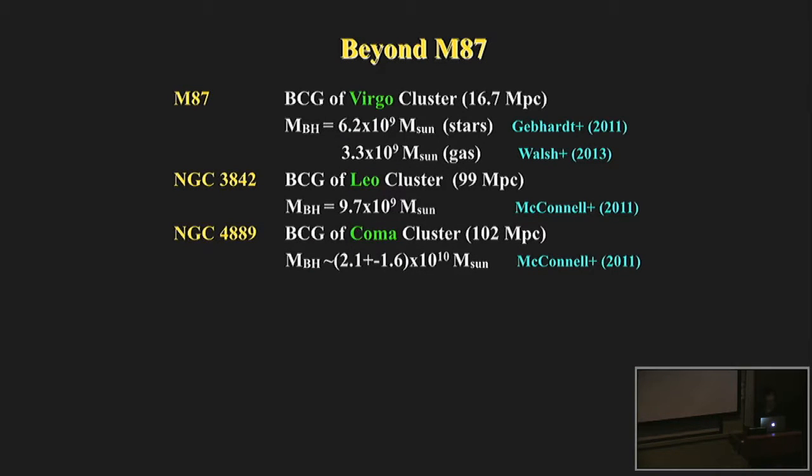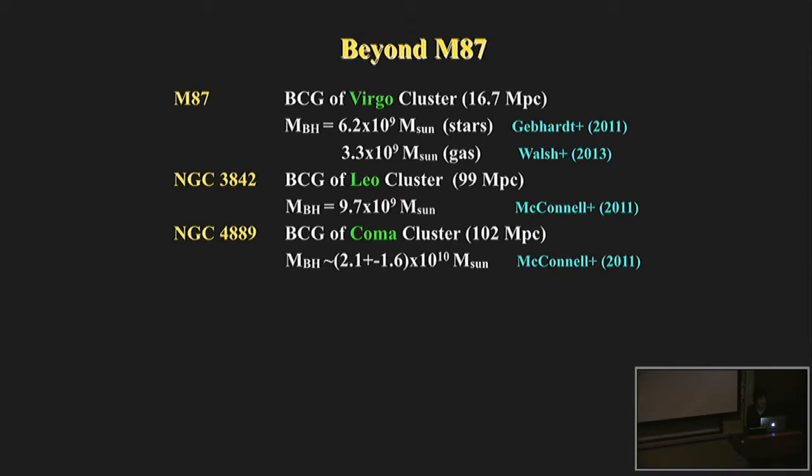So again, just a few properties of these three galaxies. You can see that the masses are now going beyond 10 billion solar masses for the black holes. But these three are all quite prominent clusters on the northern sky, and these are the galaxies anchoring the potential of the clusters.